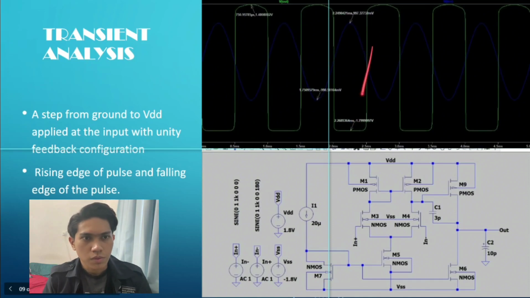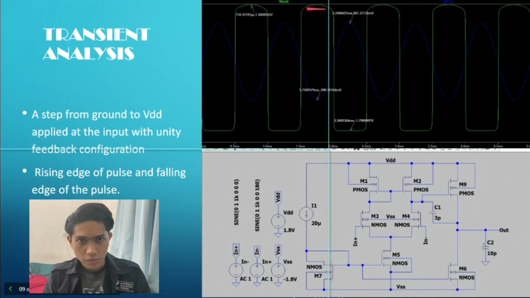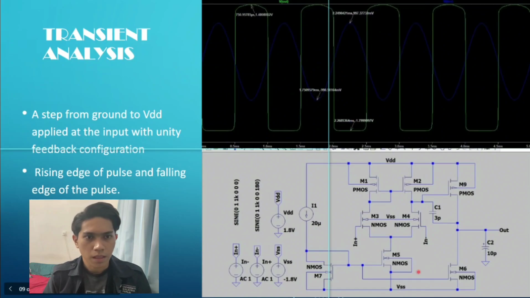Based on the waveform, we simulate the output of a two-stage op-amp. Our output waveform is the same as the paper reference. A step from ground to VDD is applied at the input in the unity feedback configuration, and the rising edge and falling edge of the pulse are obtained.